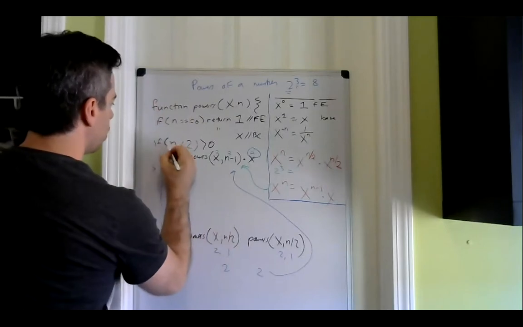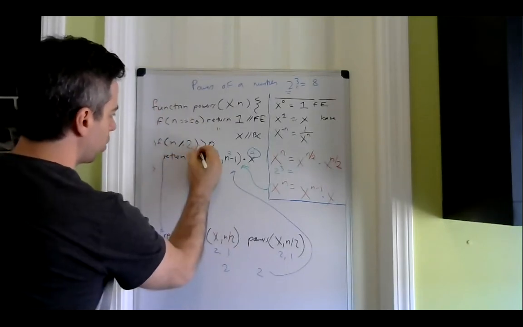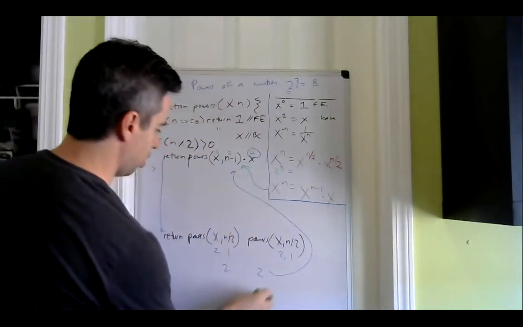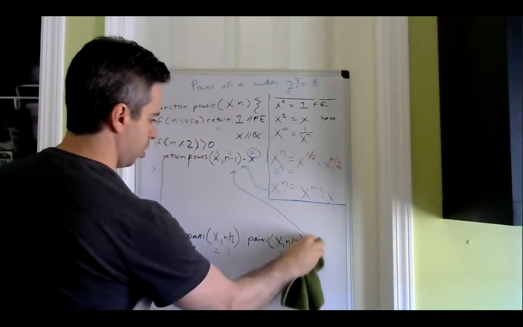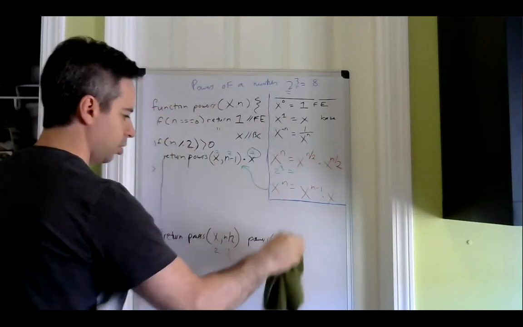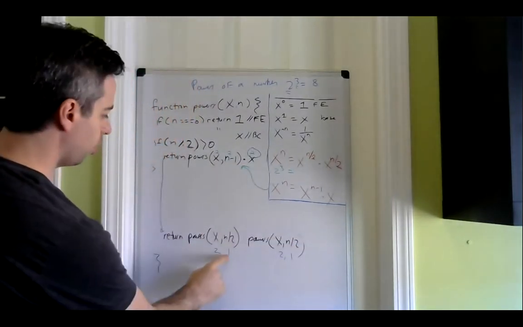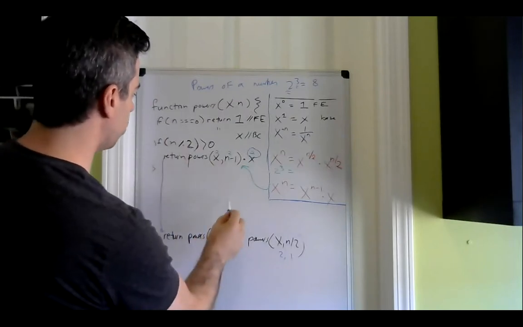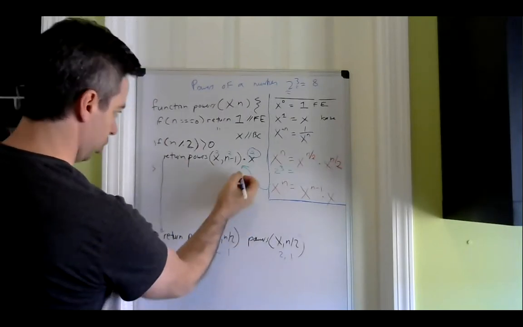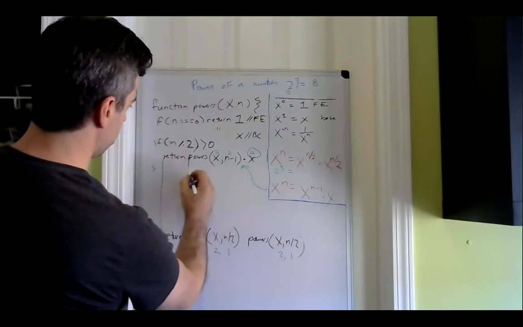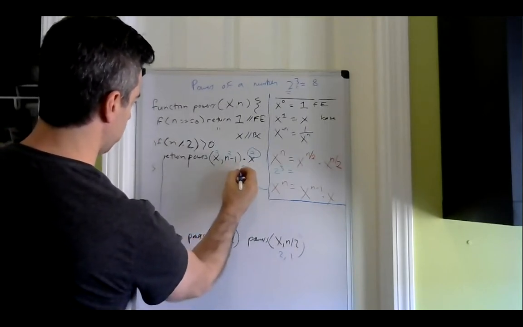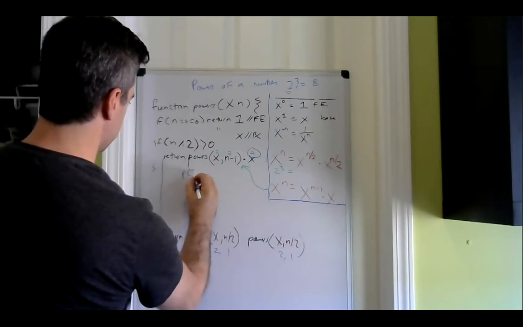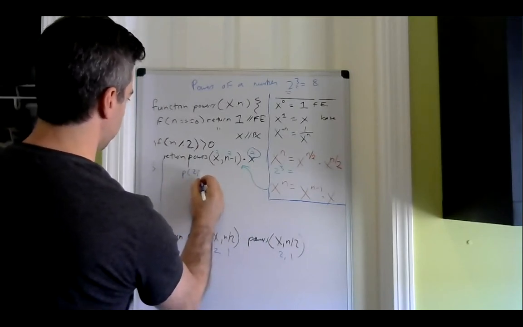It would still get caught right here, because let's get rid of that real quick. 1 modulo 2 is greater than 0. So this part we still need to do another return. This part in itself would be powers of 2, n minus 1 is 1.